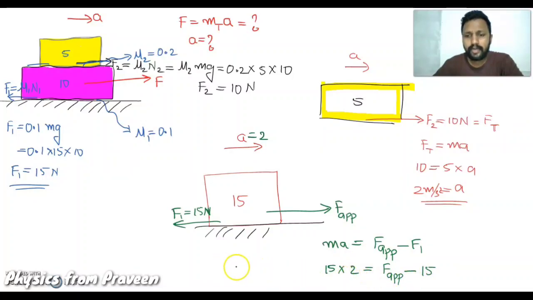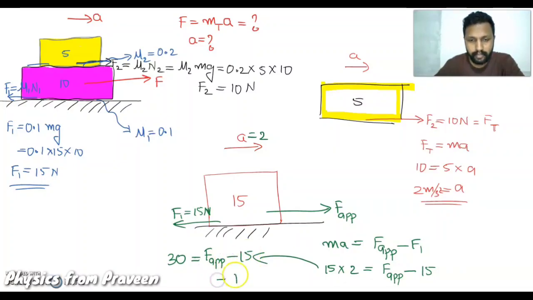So 30 is equal to applied force minus 15. Therefore, the applied force will be 30 plus 15, that is 45 Newton.